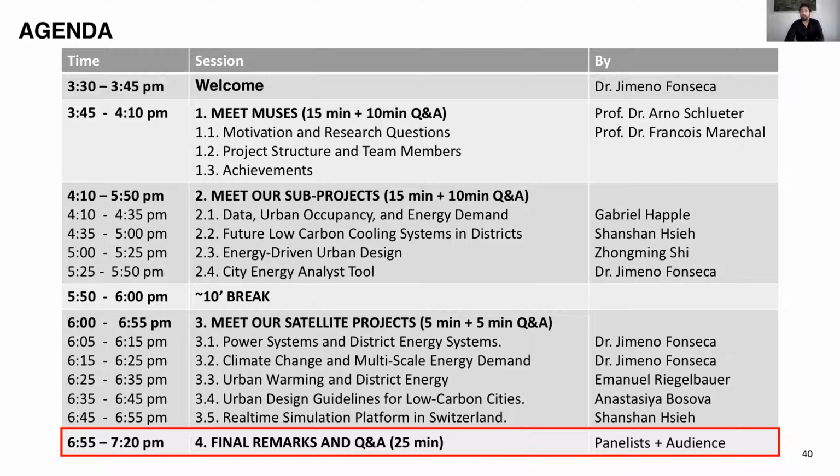In the second session, we had a deep dive into the different sub-projects of MuSES. We looked at different aspects of occupancy and energy demand. We understand the difference between the current occupancy profiles, and I think Gabriel presented a good idea on how this can be changed in the future by more detailed approaches coming from probability and from different data that is widely available.